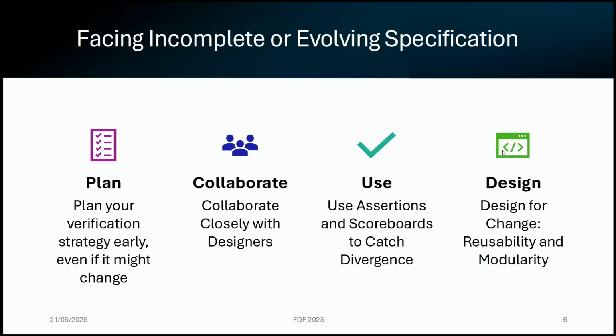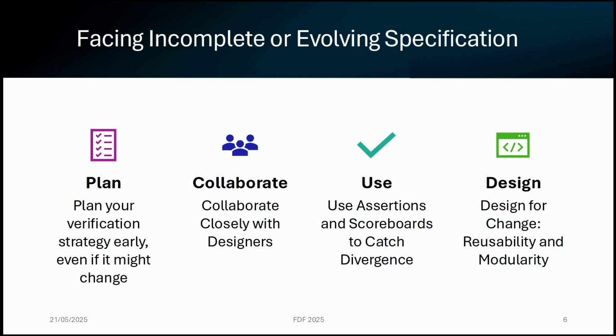Incomplete or evolving specification. The first thing I like to do when I'm not sure about the specification is to plan ahead. Because if I'm not sure what I need to do, I need at least to have a plan on what I can forecast. One way to do that is writing a document called a verification plan.